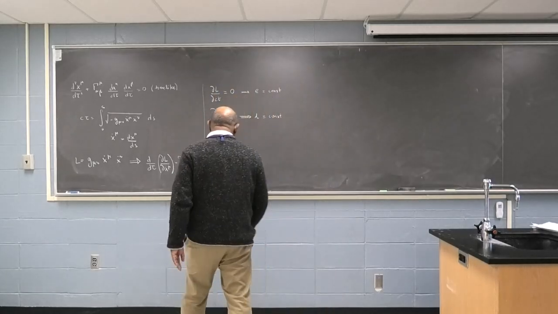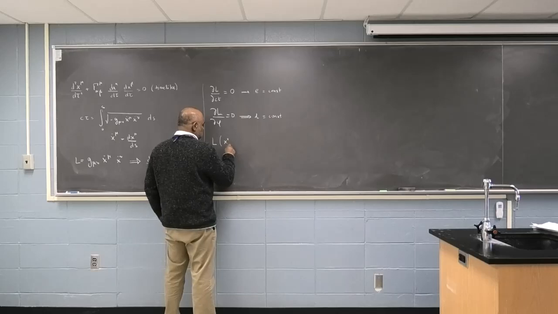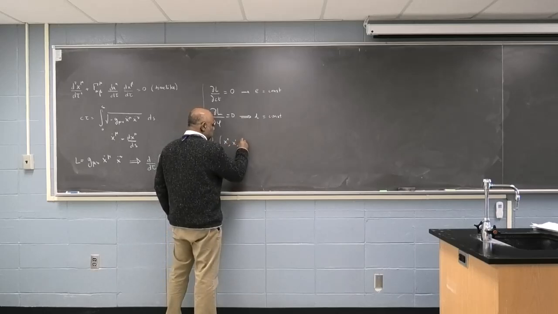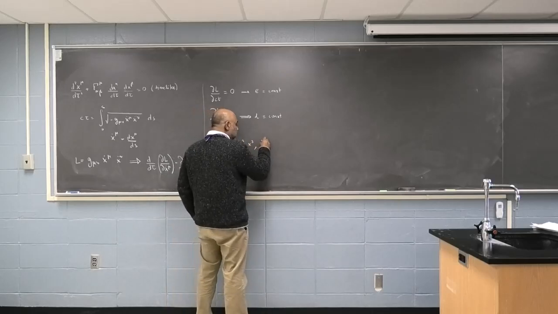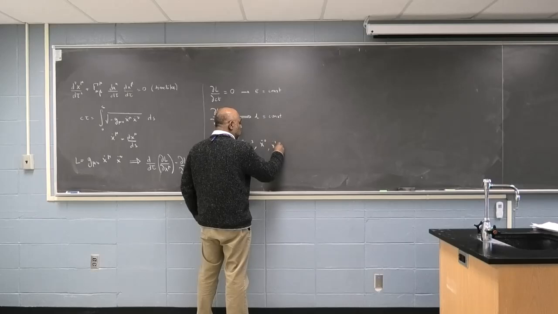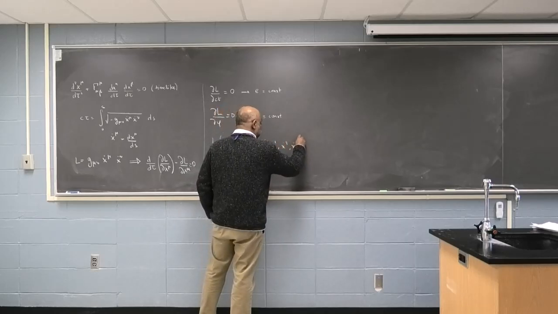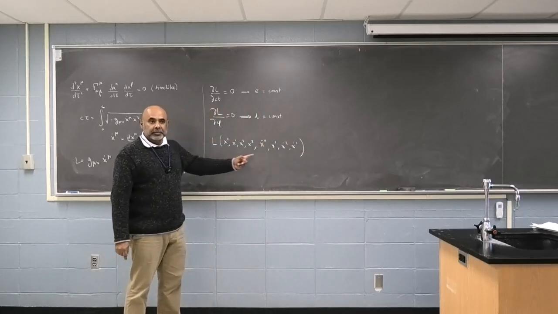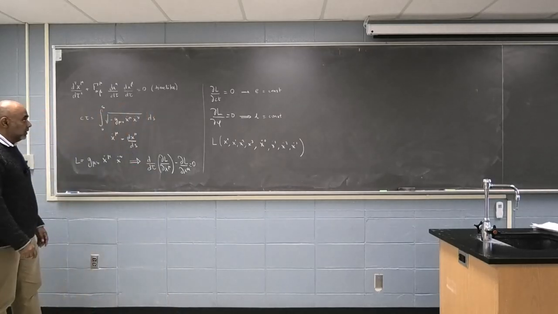In the Lagrangian formalism, let me be very explicit, it consists of 8 variables: x0, x1, x2, x3, and also x dot 0, x dot 1, x dot 2, x dot 3. So there are 8 of them. They're considered to be independent variables. And that's how you would get Lagrange's equation of motion.